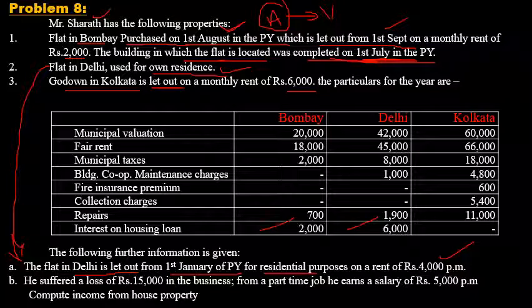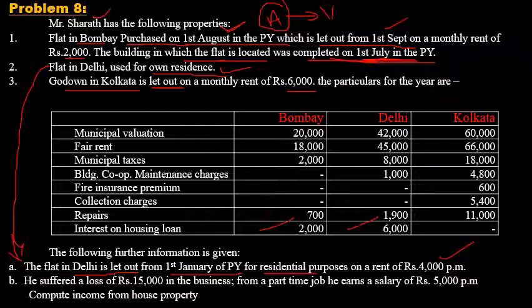See, in case of the second flat, the Delhi flat, it was used for part of the year as let out and part of the year as self-occupied. In case any house property is used for a part of the year as self-occupied and part of the year as let out, then the entire house property is to be calculated as let out property, but while calculating rent received, it has to be calculated only for the let out term.